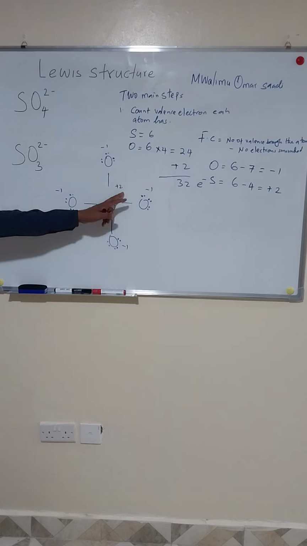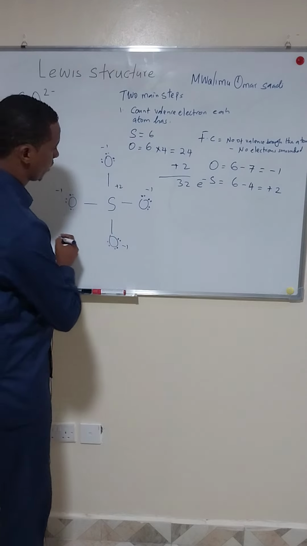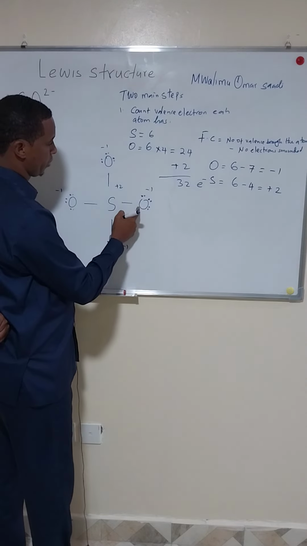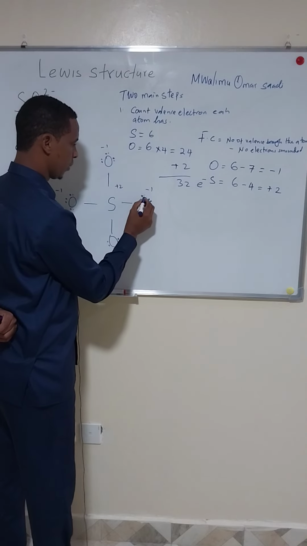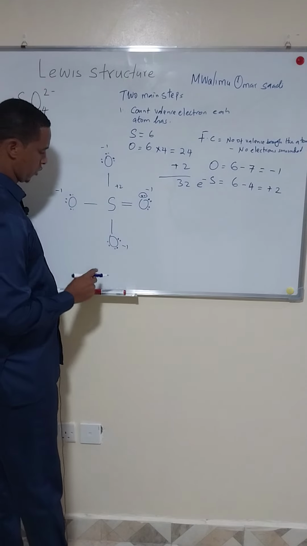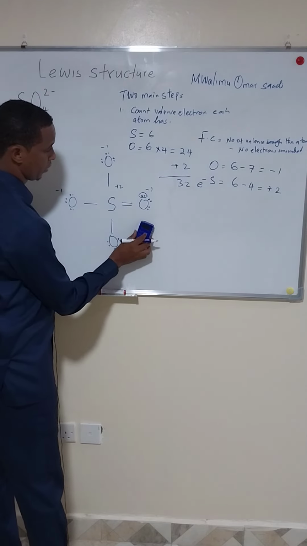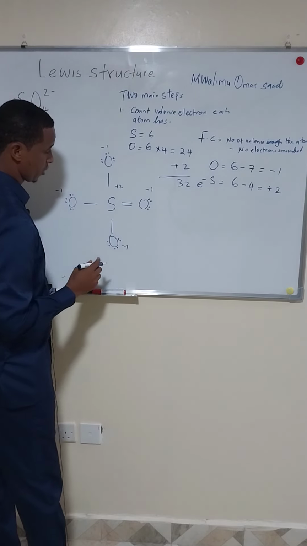So then we still minimize the formal charge of oxygen and sulfur. So for us to minimize the formal charge of this oxygen, we'll take these 2 electrons and bond it here. Oxygen now will remain with those 4 electrons.